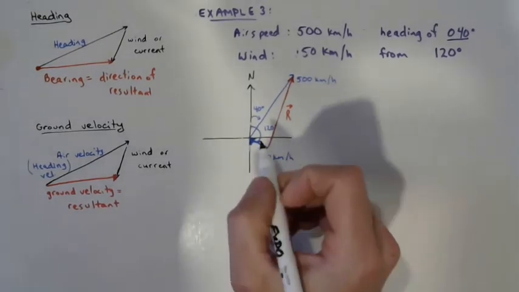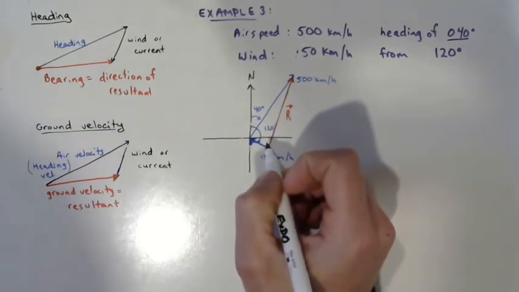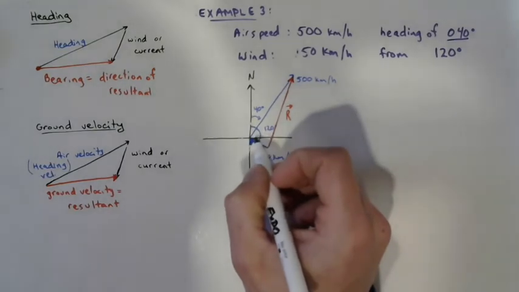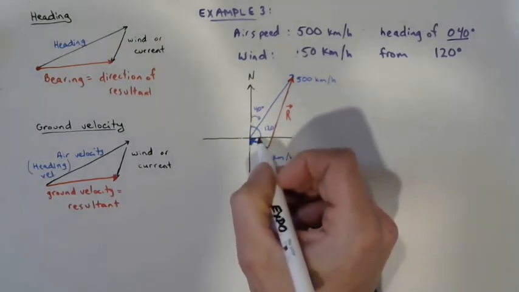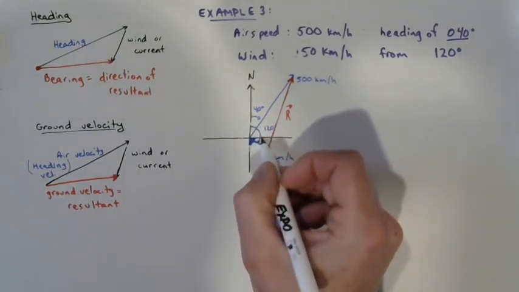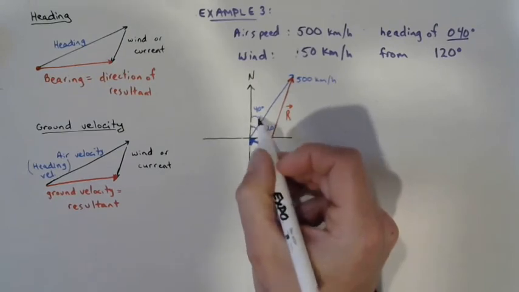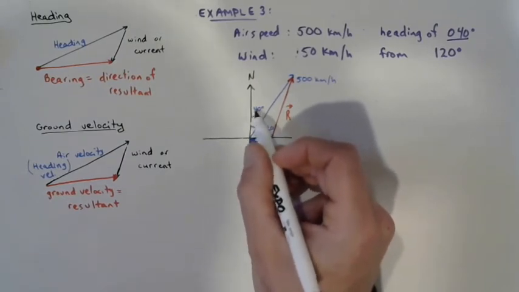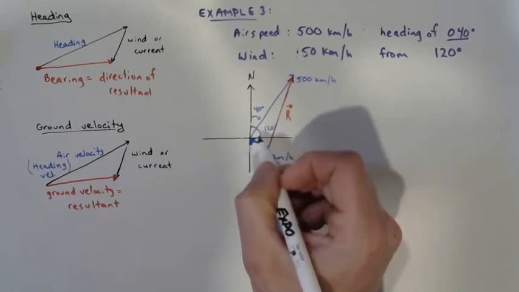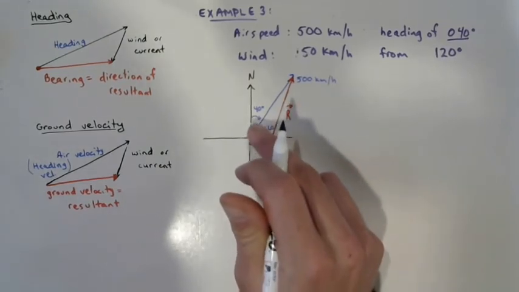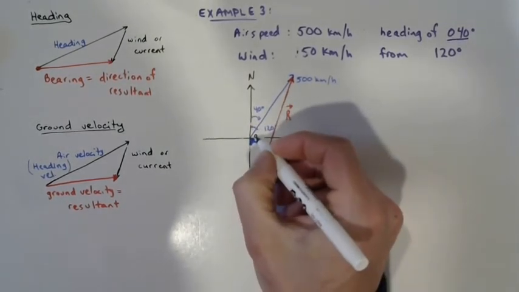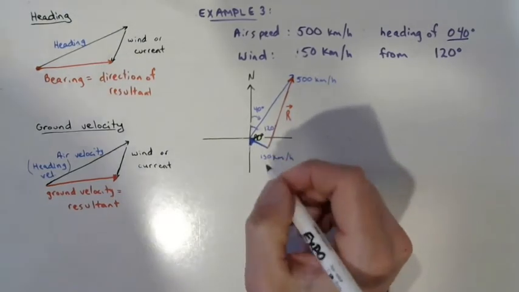What I really need to do here is figure out what this angle is. And it's not difficult. I know that from here to here is 120, and from here to here is 40. So what's in this piece here is going to be 120 minus 40, which gives me an angle of 80 degrees there.